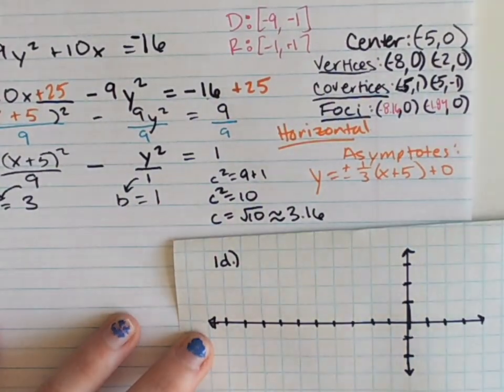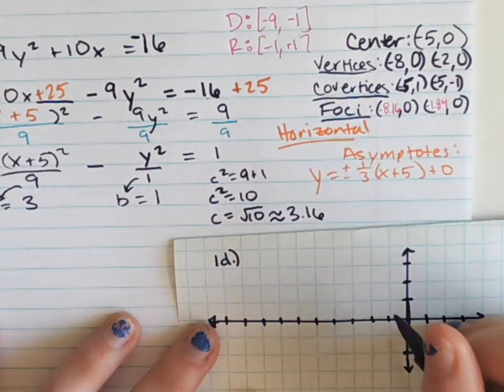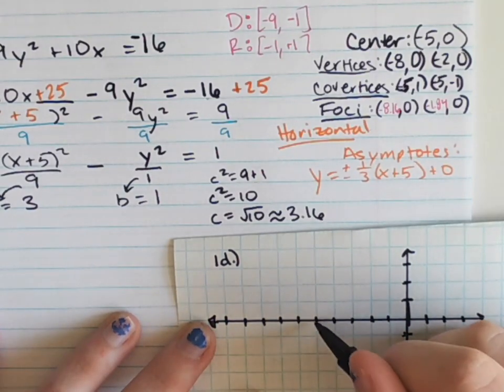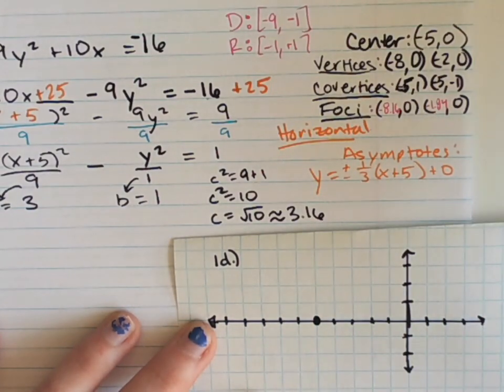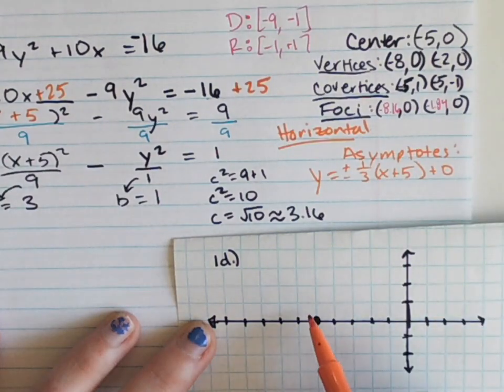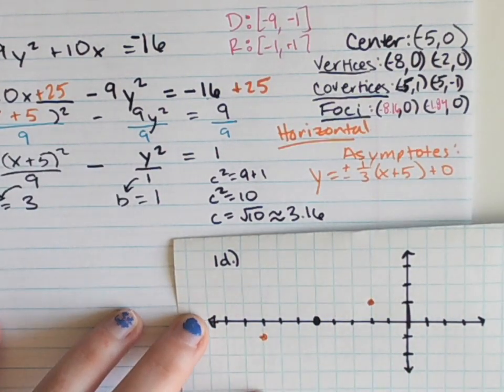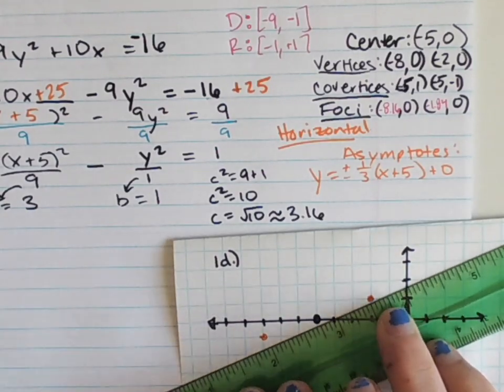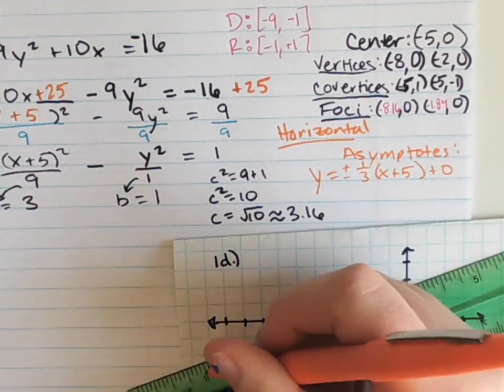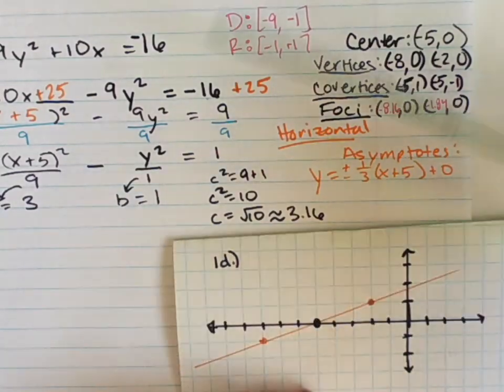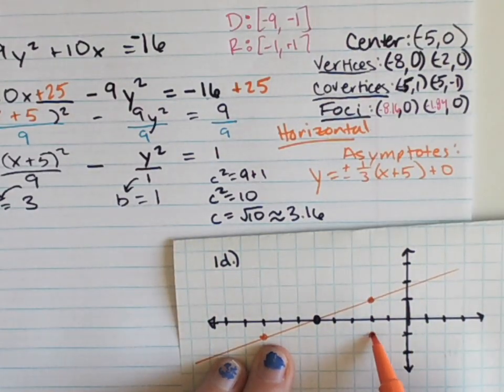I'm going to start by plotting my center at -5, 0. And plot my asymptote. It's going to go up 1 over 3, down 1 over 3. There's my first one. And then we'll do the other one, down 1 over 3.